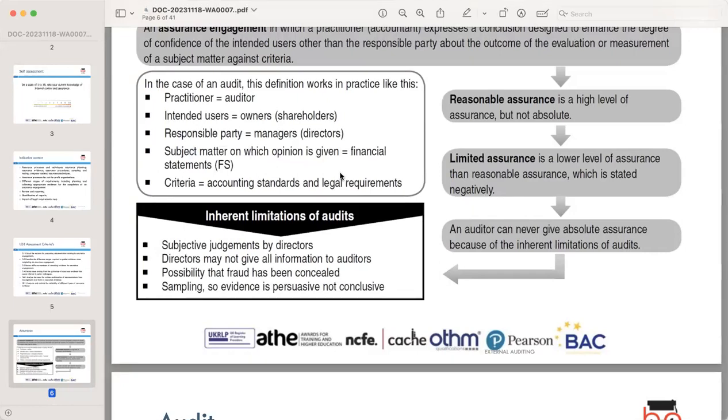So why is assurance not perfect? There's a thing: auditors or these checks have some limits. Directors or the managers sometimes make decisions that are a bit like secrets. They might not tell everyone, including the auditors. Also there's a chance that some tricky things like fraud, which is not playing fair with money, might be hidden. The auditors also don't check every single thing because that would take forever.